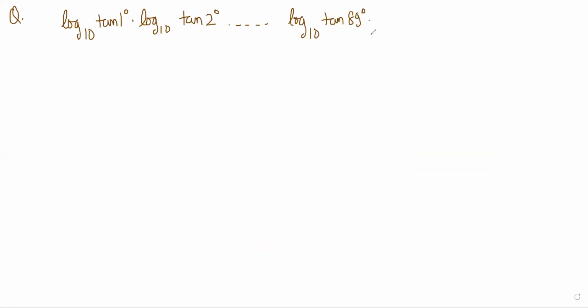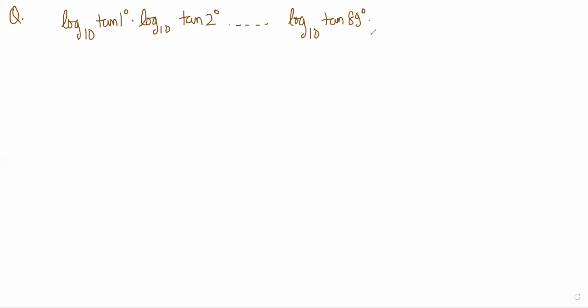Is there any rule for multiplying? Because I don't see it. Focus on what it is, tan 1 and tan 89. They sum to 90.